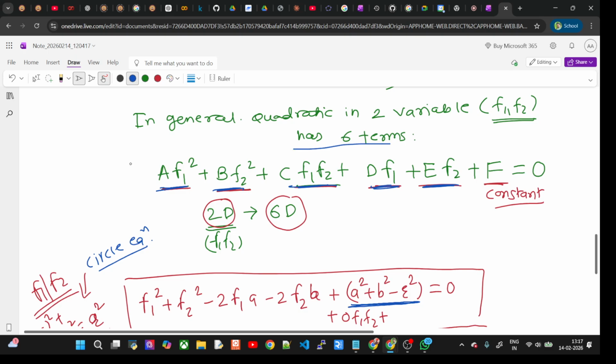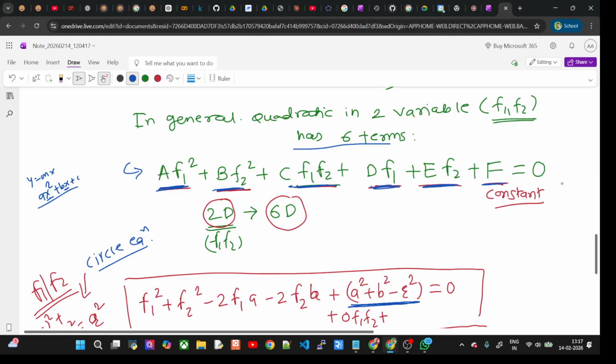It is something like y equals mx plus c, or a x square plus bx plus c, but those are in terms of only one variable x, and here there are two variables. So the equation will be a f1 square, b f2 square, c f1 f2, d f1, e f2, and a constant, equal to 0.